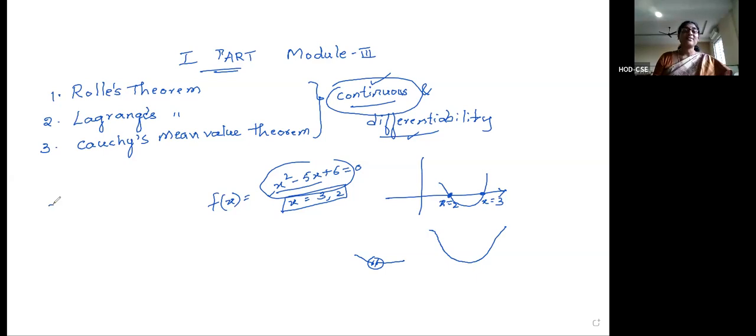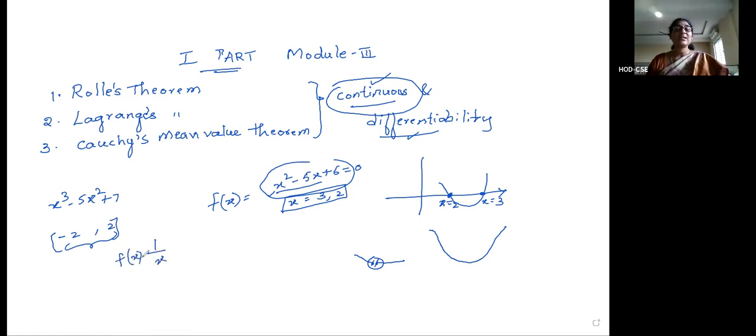Suppose I have x cube minus 5x square plus 7 as the curve I am referring to, taking from -2 to 2. In between these two points, the curve should not be broken. Suppose I take a function like 1 by x. What happens?